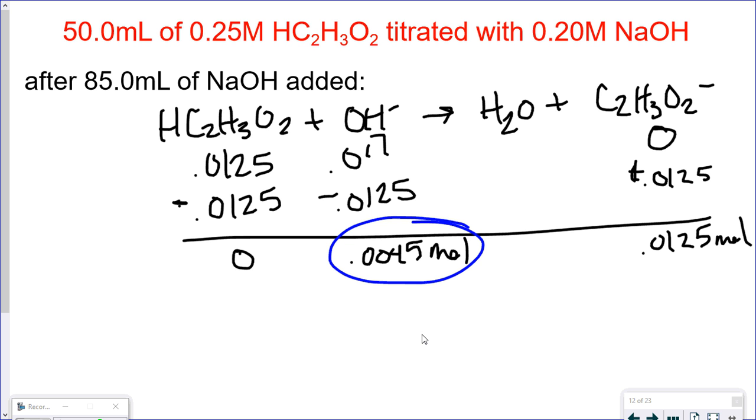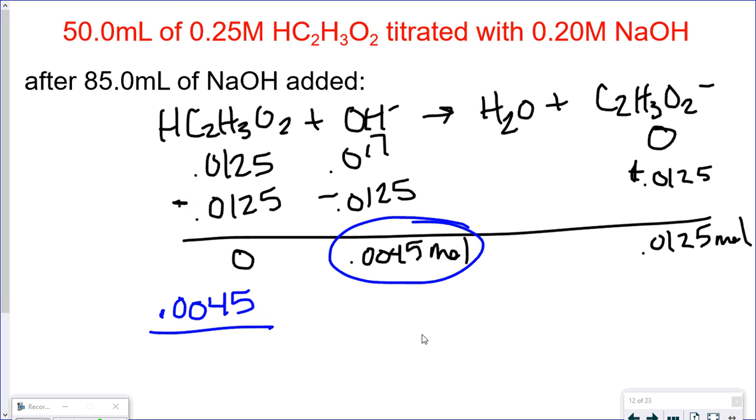But remember, that needs to be in molarity, not moles. So we will have to do the number of moles, 0.0045, over the total volume, so the 50 milliliters plus the 85 milliliters. So that is 135 milliliters, in liters.